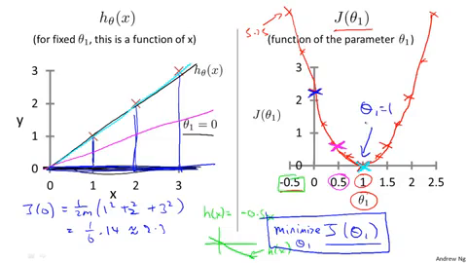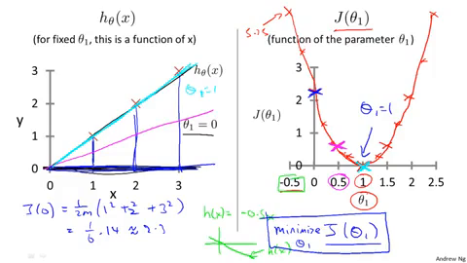And lo and behold, that is indeed the best possible straight line fit through our data, by setting theta 1 equals 1. And just for this particular training set, we actually end up fitting it perfectly. And that's why minimizing J of theta 1 corresponds to finding a straight line that fits the data well.